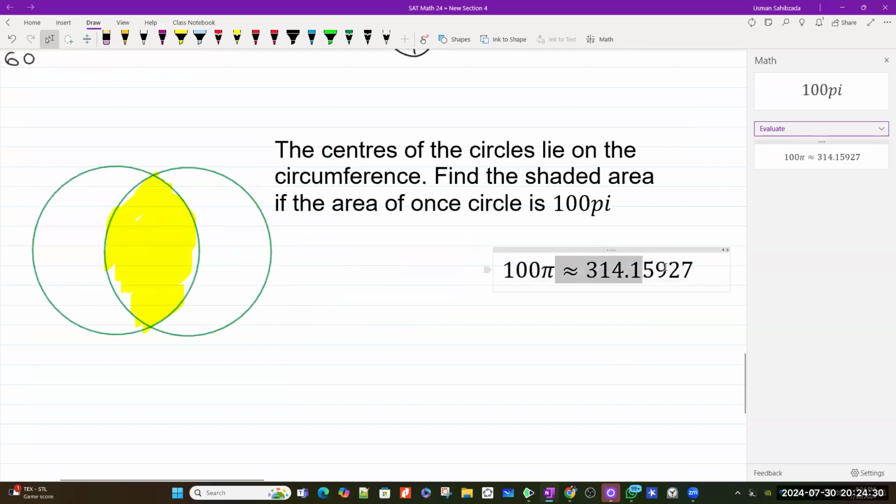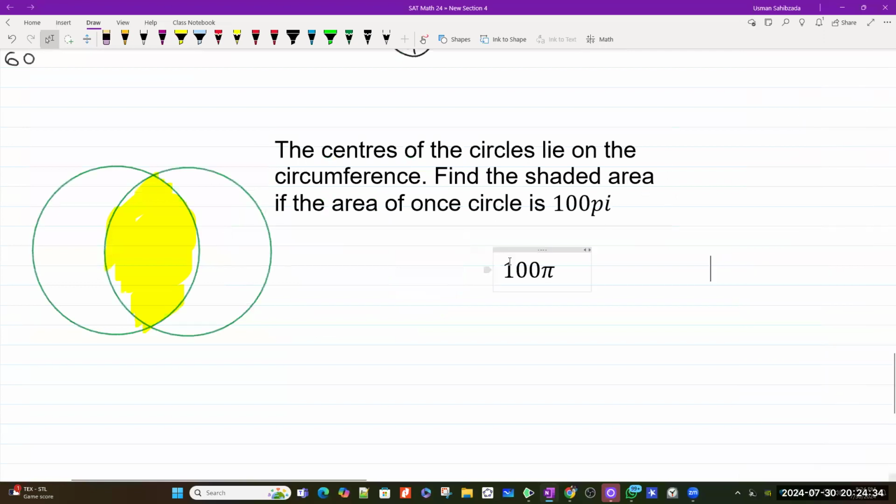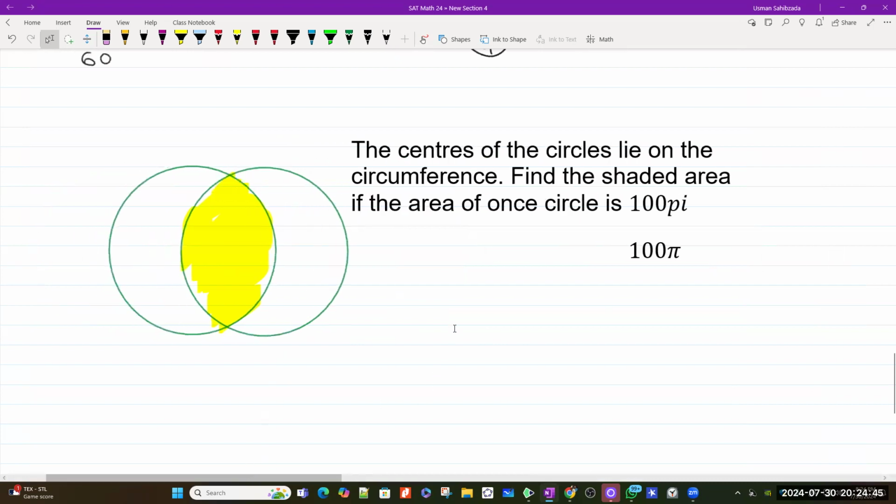So 100 pi is the area. Ignore my pi, please. It's 100 pi. So you are required to find the area of the shaded region.